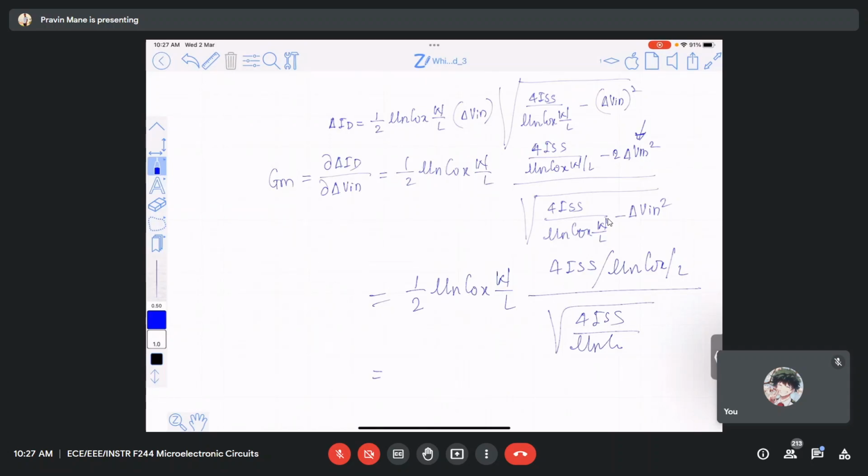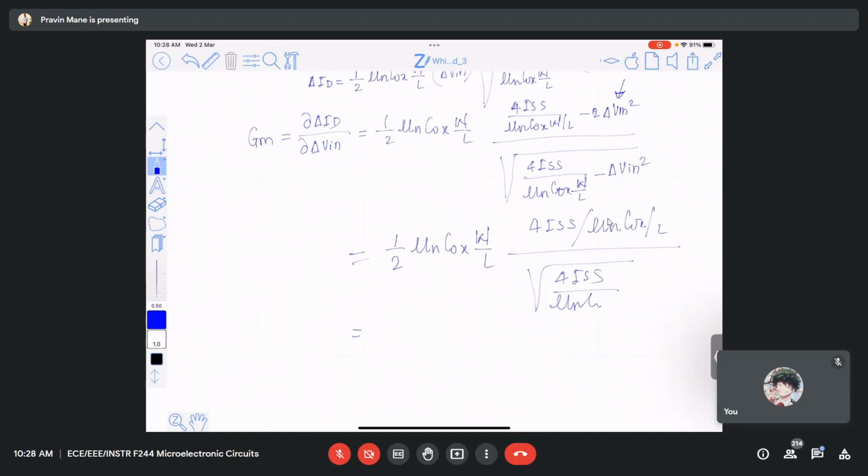What capital Gm will I get if I put delta V in equal to 0? Square root of mu n Cox W by L into ISS, right?